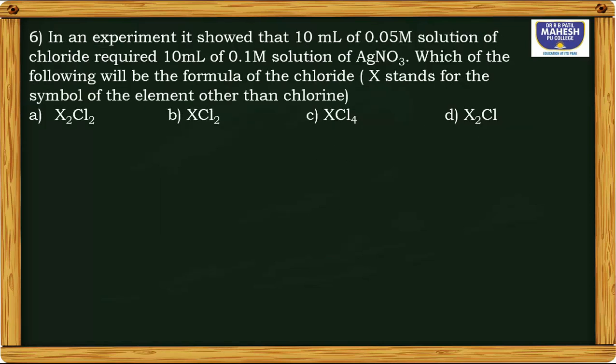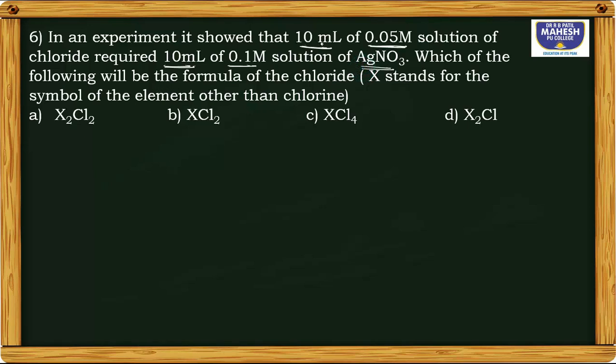Now let us move to the next question. In an experiment, it is shown that 10 ml of 0.05 molar solution of a chloride required 10 ml of 0.1 molar solution of silver nitrate to react completely.